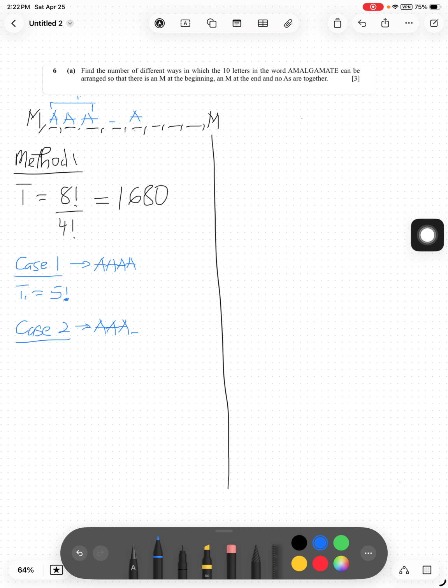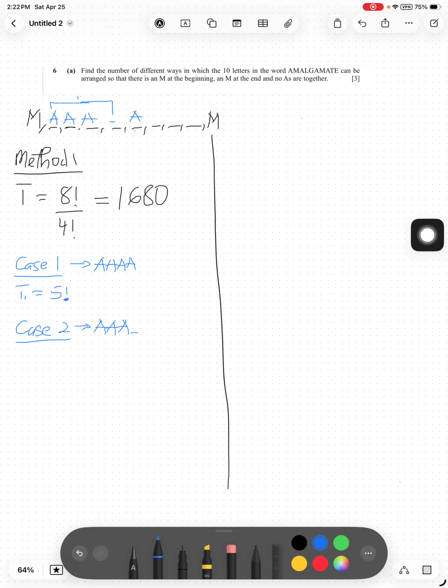So the space has to be added to the block so that the single A can know where it's supposed to be without causing any mayhem or reverting the whole thing back to case 1. Right, so we treat this up to the single, the empty space as one way of putting this.